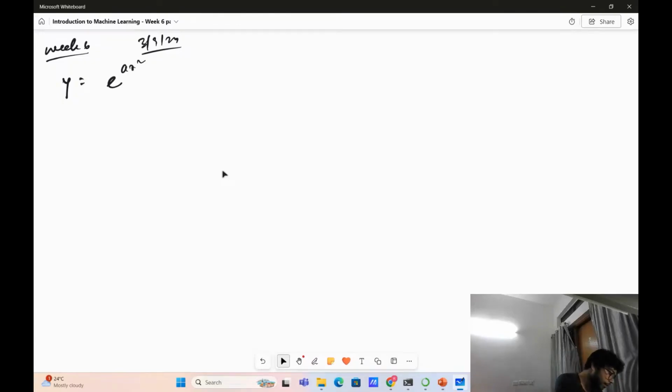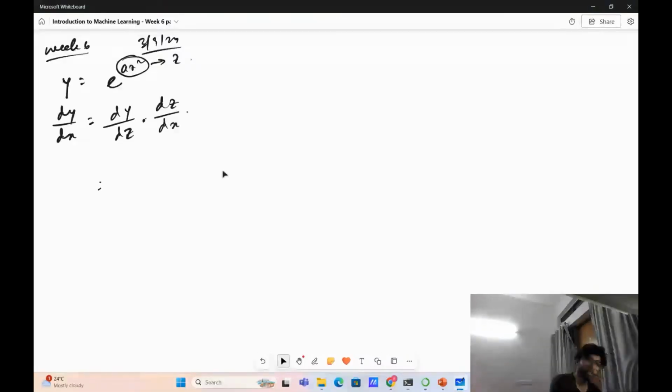So what will be dy dx? First, you consider ax square to be one unit, let's say z. First you take the derivative of y with respect to z, and then take the derivative of z with respect to x, and you multiply them. y with respect to z: y is e to the power z, and its derivative with respect to z is e to the power z.